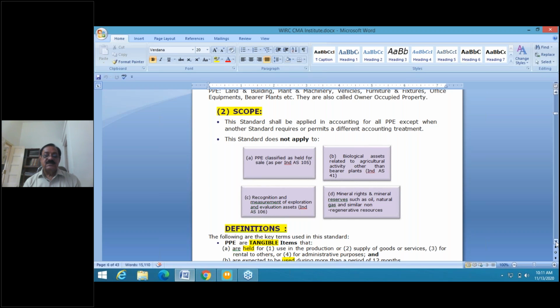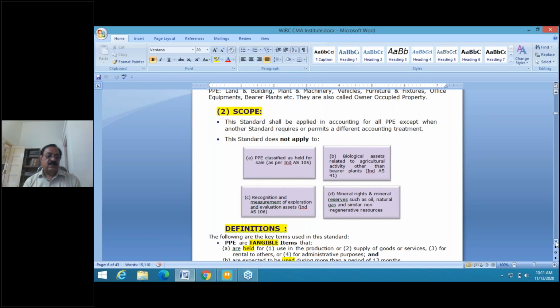So biological assets are living plants and agriculture produce. Biological assets are out of the course of this part because they are covered under Ind AS 41, which pertains to agriculture. However, one asset is covered under this, and that is bearer plant.